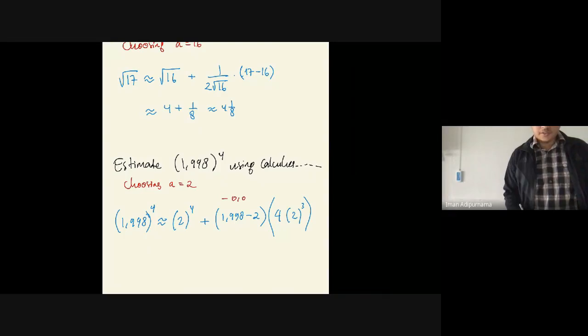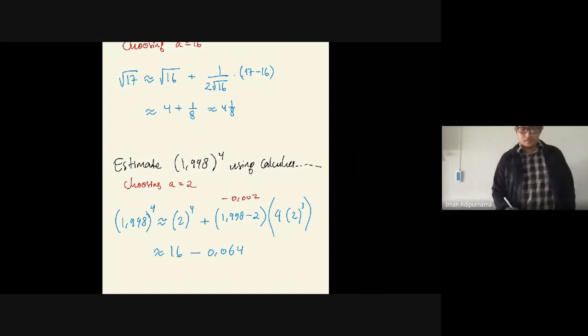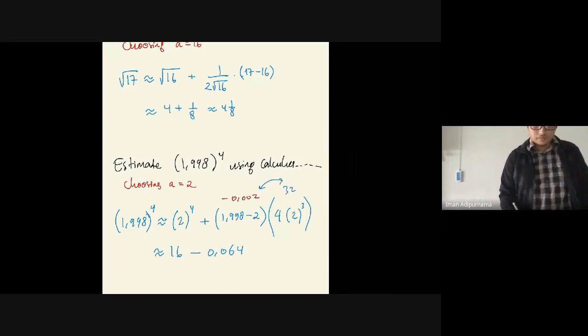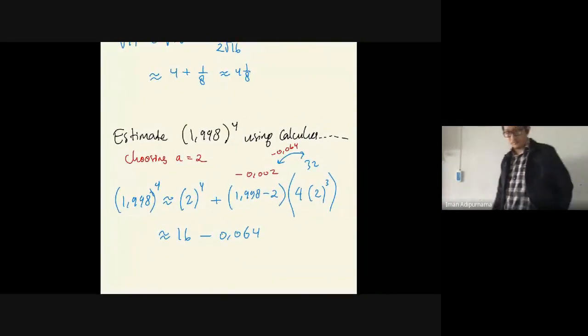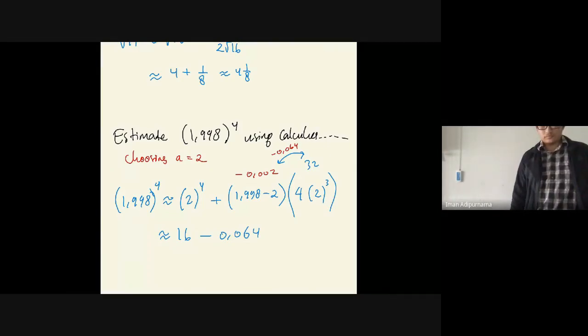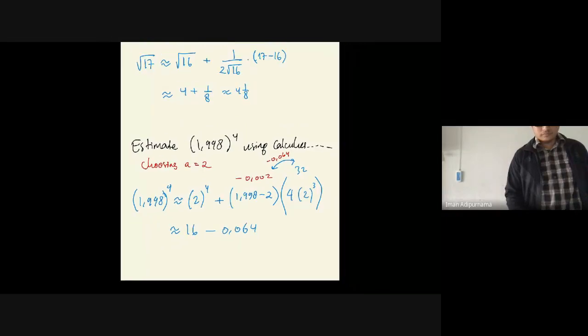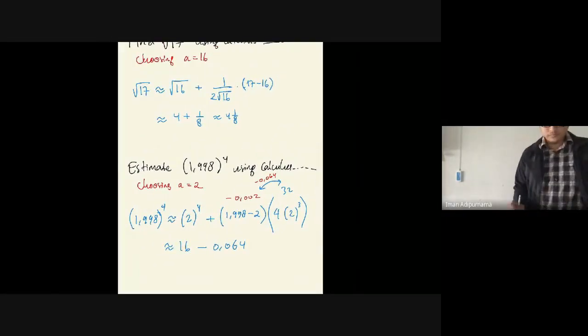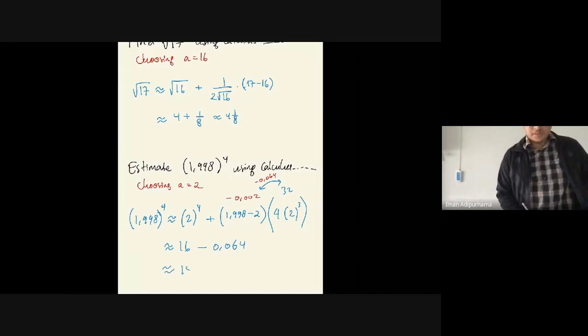This becomes negative 0.0002. So your 16 minus 0.0064, this 32, and this should be around 15.